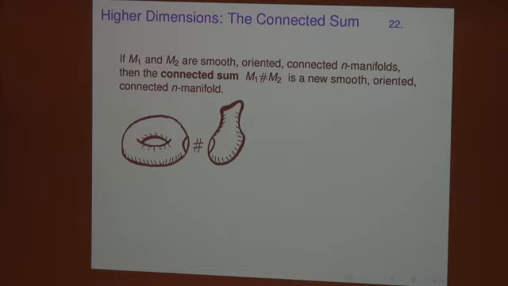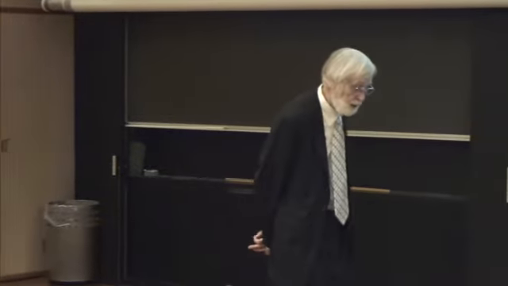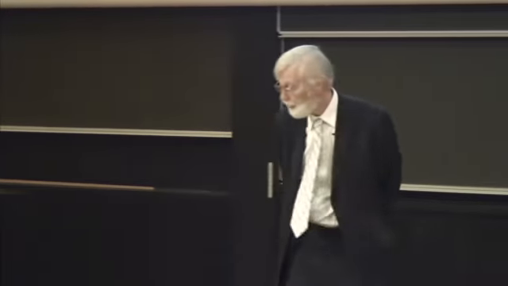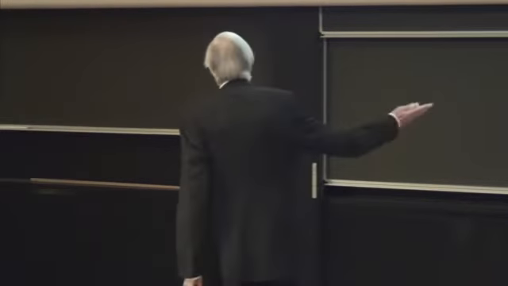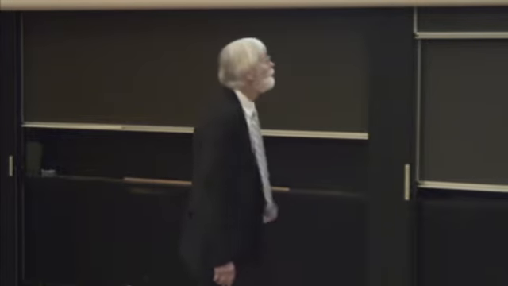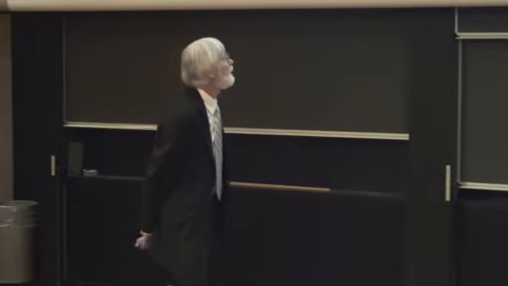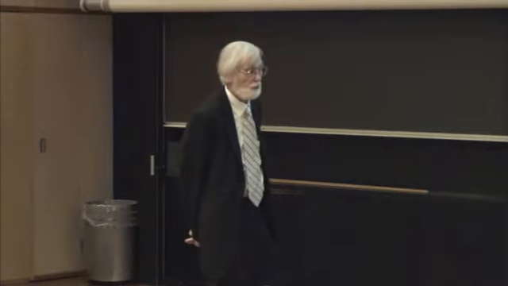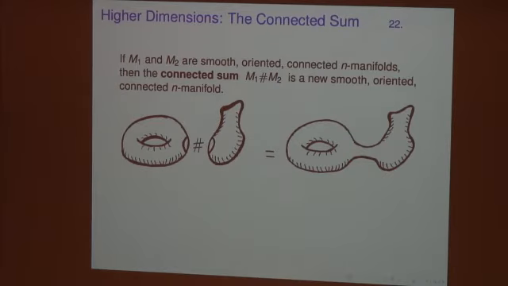In any smooth manifold, you can embed smooth disks easily. And you cut out the interiors of these disks and paste the boundaries together according to the canonical diffeomorphism between their boundaries, being very careful with orientations. And that will give you a new manifold, which we can visualize in this way. If we think of them as being next to each other in Euclidean space, then we just push them together, glue edges together, and get a figure like that.